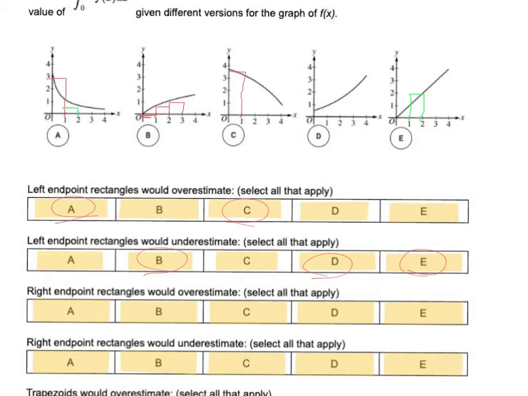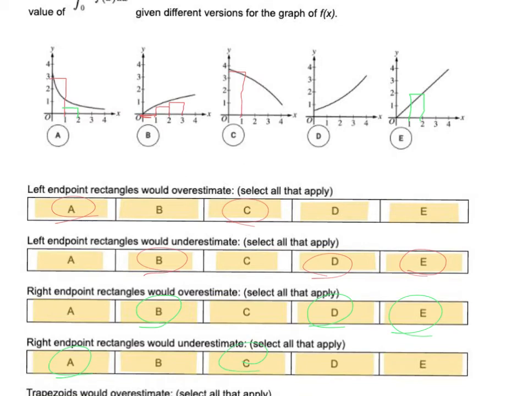So it's just flipping all the answers once we switch to right endpoint. So a right endpoint would overestimate if the function is increasing, like in B, D, and E, and it would underestimate if the function is decreasing, like A and C here.